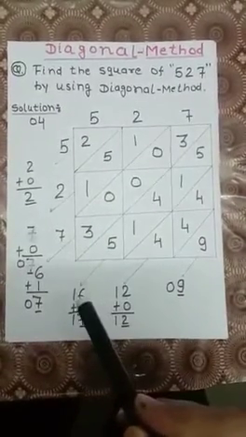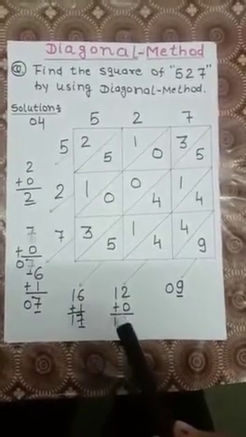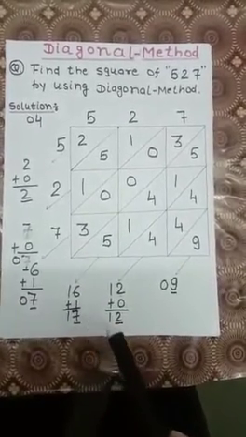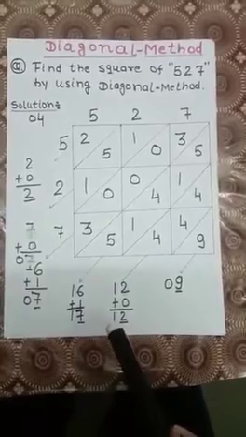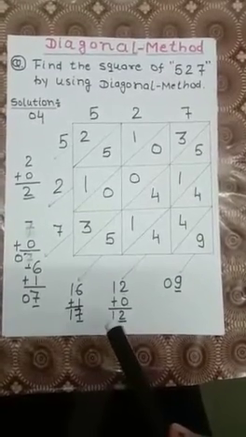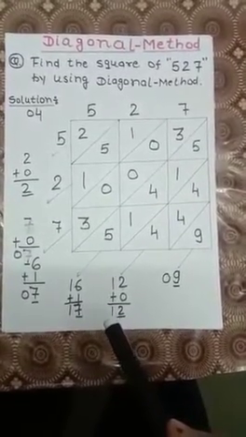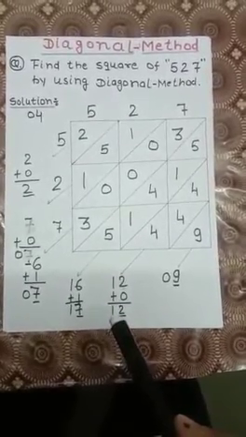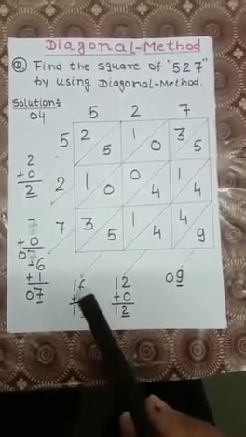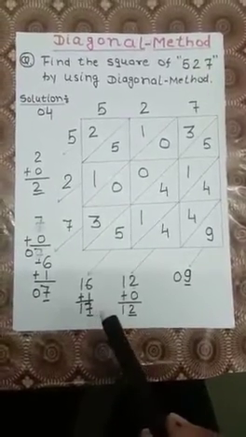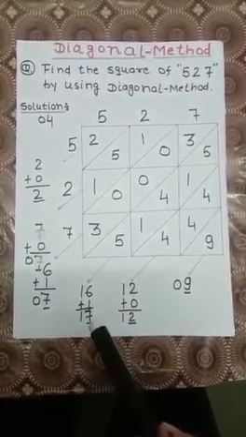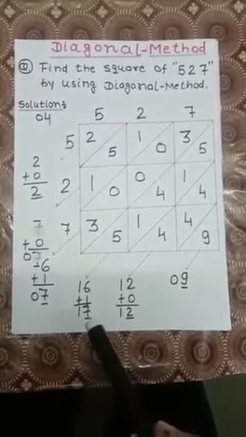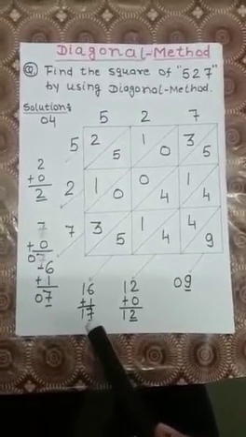You have to write 16 here, and similarly as we have done in the previous step, you have to add the tens place digit of the sum of the previous diagonal. The tens place digit of the sum of the previous diagonal is 1, so you have to add 1 here. 16 plus 1 is 17. Similarly, from 17 you have to underline the ones place digit, which is 7.